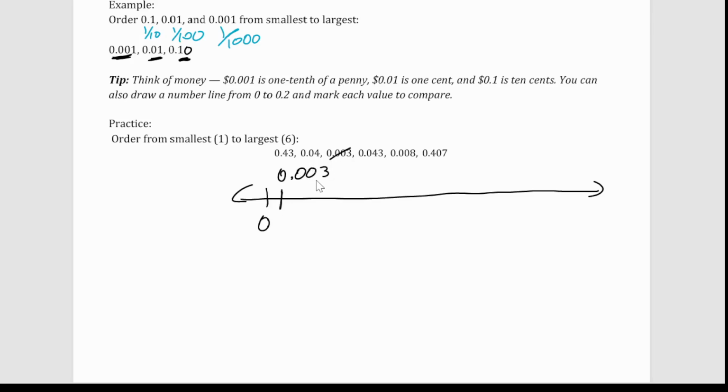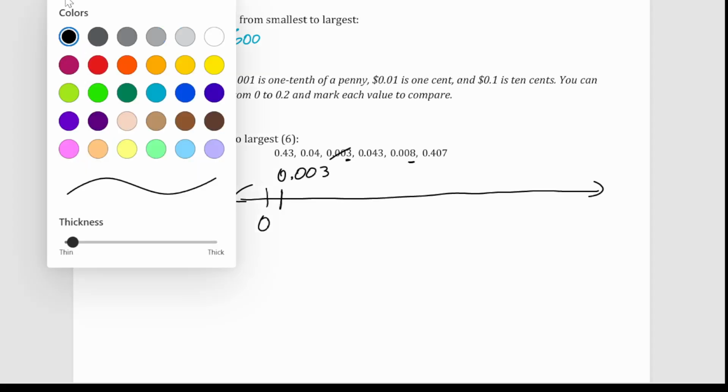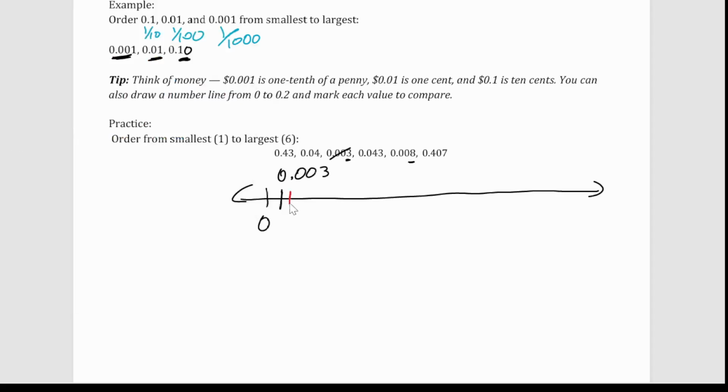Then we have 0.008, which is the same place value as 0.003, but we're talking about a slightly bigger number. So the next number would be, and actually let me change up the colors here because some of these might get a little smushed together, we have 0.008, just a little bit to the right of 0.003.